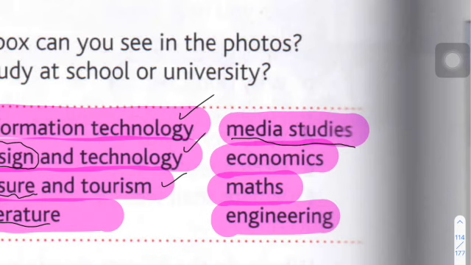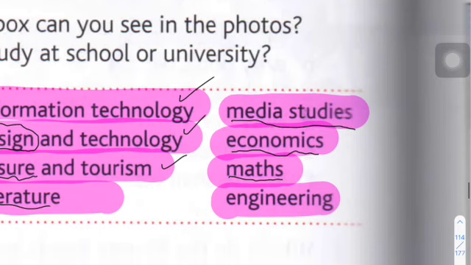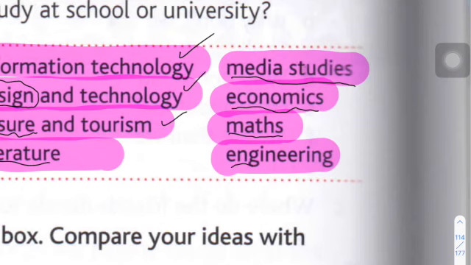It's related to radio, television, newspapers, magazines. Yeah, internet. Economics, the study of the economy. Maths. I have no problem with maths. Okay, I have a problem with maths, but you are supposed not to have a problem with maths. And finally, engineering.